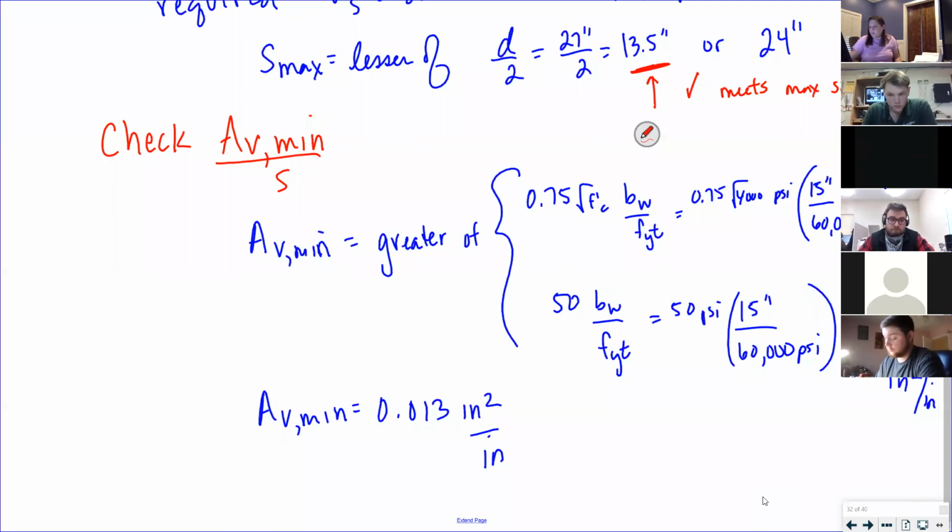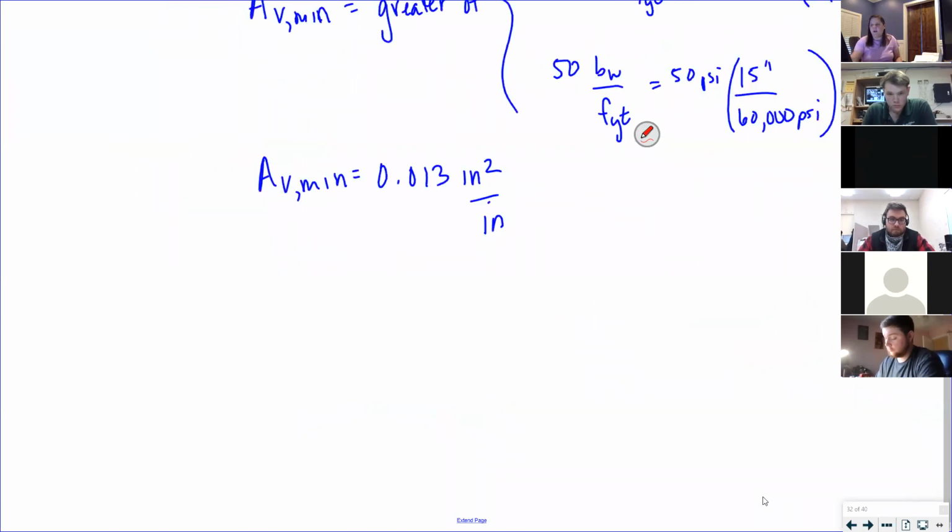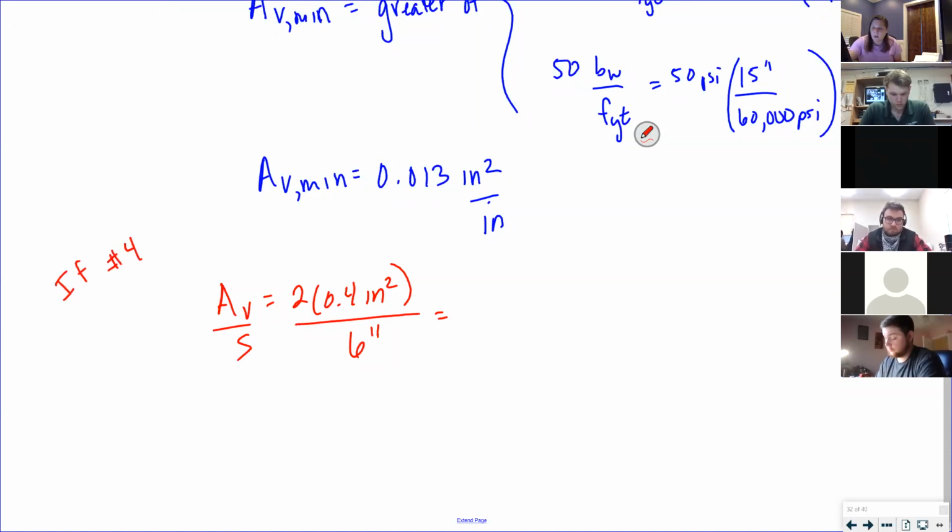If we say our Av is 0.4 inches squared, and we're providing it at, well, if we provided it at 7.3, then it would be exactly that, but let's say we're providing it at 6 inches on center. 2 times 0.4 divided by 6, 0.13.